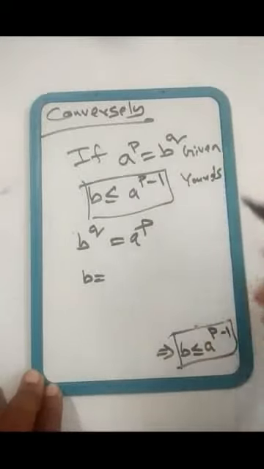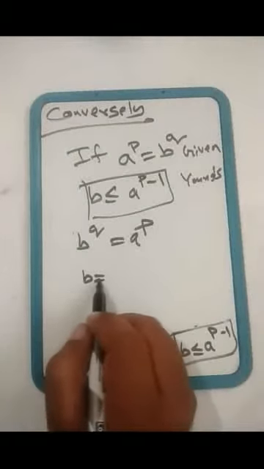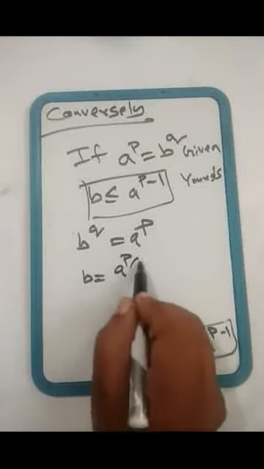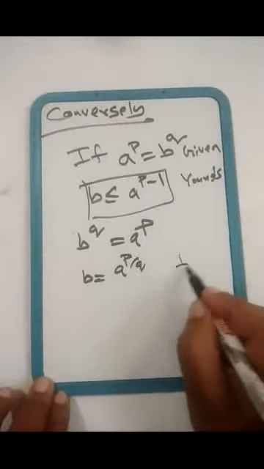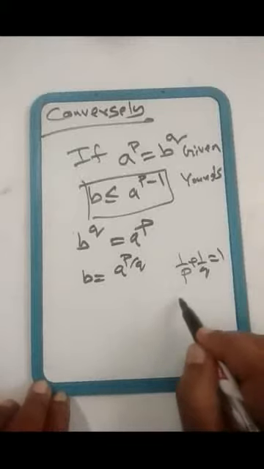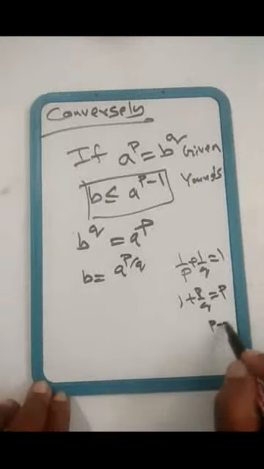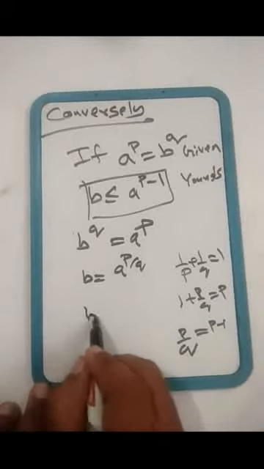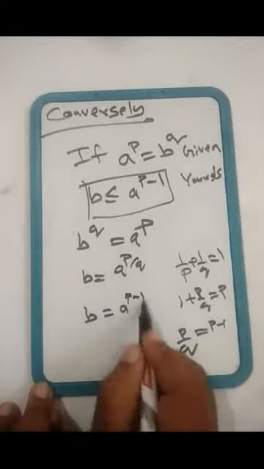By substituting this value, b is in fact a raised to p by q. But 1 by p plus 1 by q is equal to 1. So 1 plus p by q is equal to p. So p minus 1 is equal to p by q. So b is equal to a raised to p minus 1.